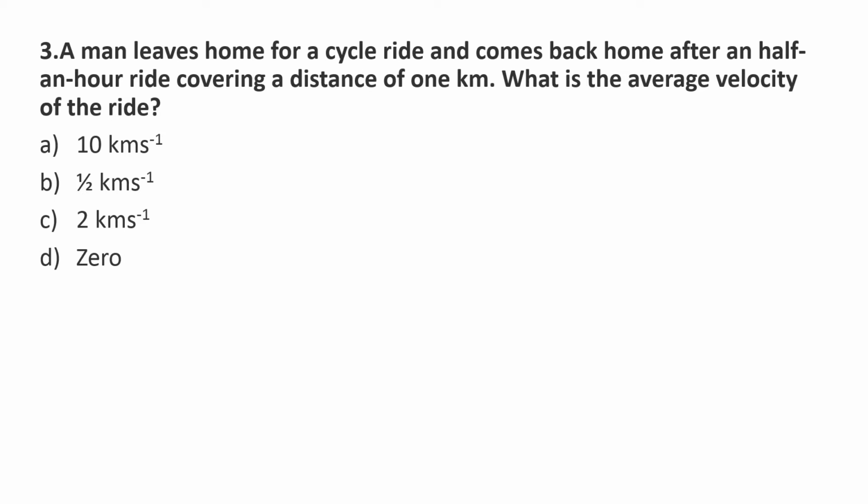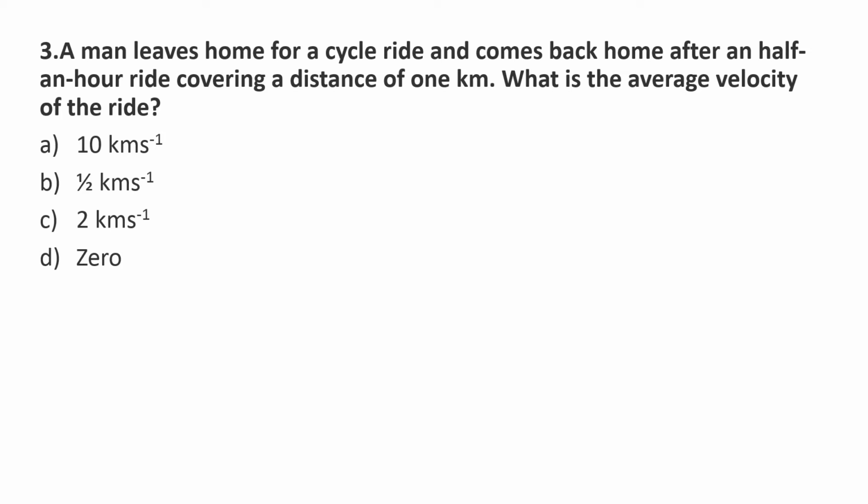Here you have to find average velocity. You know the formula for average velocity, which is change in position by change in time, or you can say displacement by time. In this question, a man leaves home for a cycle ride and comes back home. So here the initial and final position are the same.